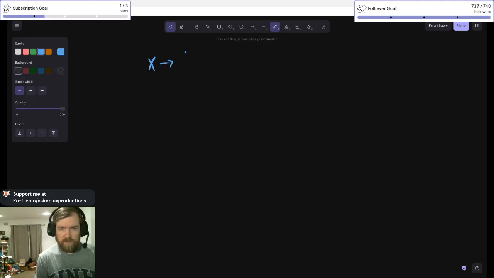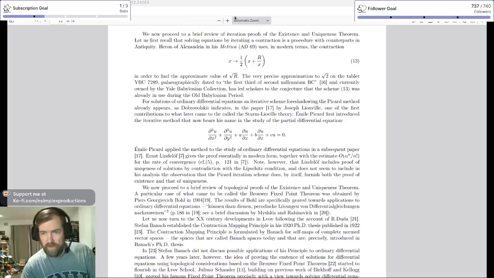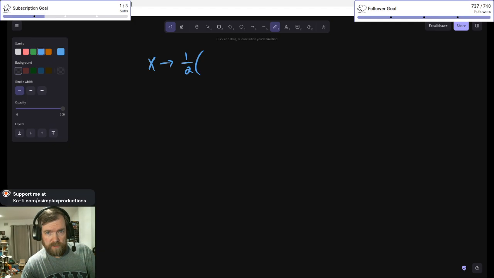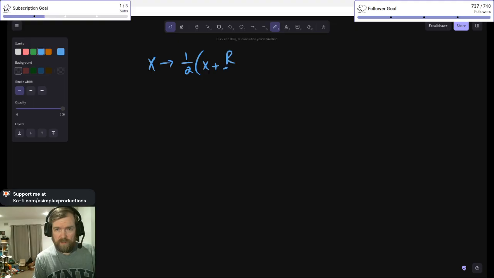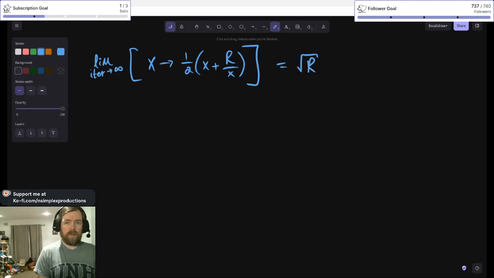x to 1/2 (x plus r over x). Okay, so the limit as it approaches infinity of this scheme is going to be equal to the square root of r.